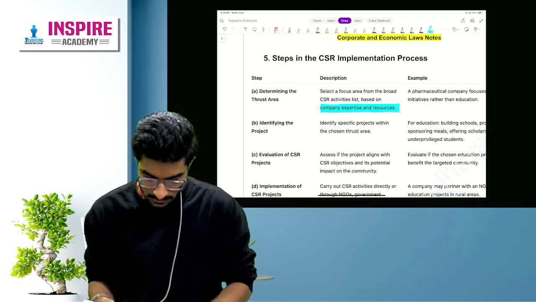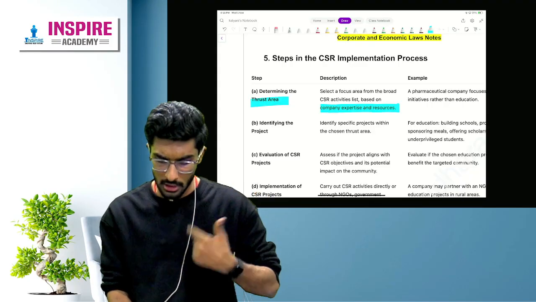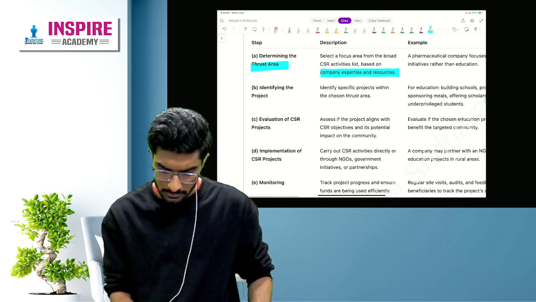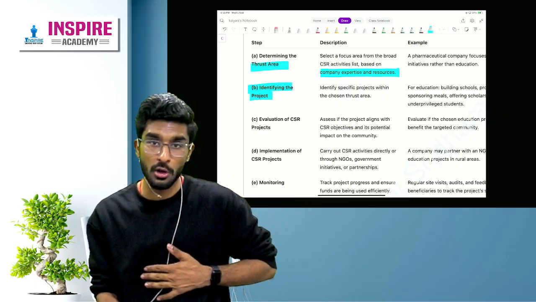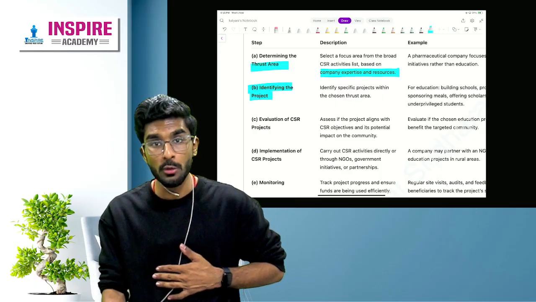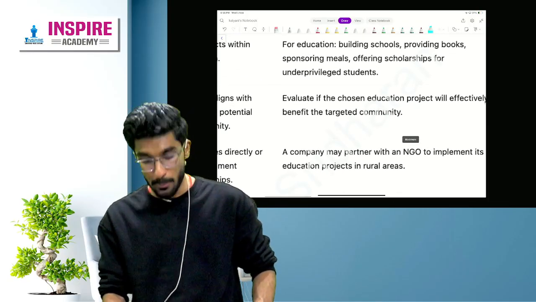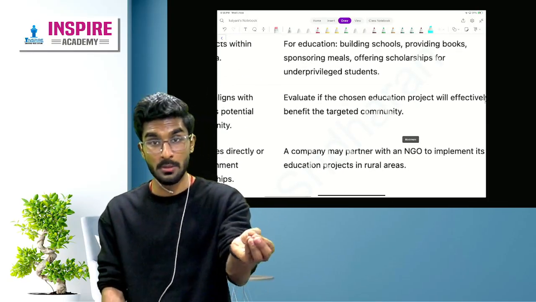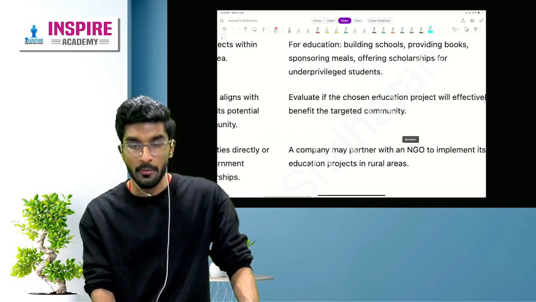Okay, now that I have decided on a focus area, now you have to identify the project. If I want to incur expenditure on education, I have to find out whether to build a school, provide books, provide meals to students, or provide scholarships for underprivileged students. Yes or no? There are a lot of things that you can do even in education.